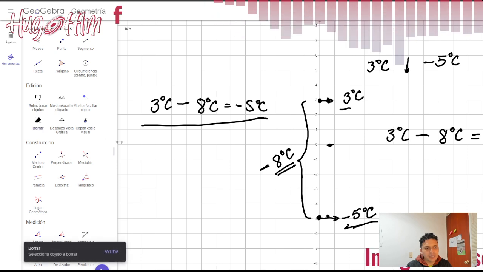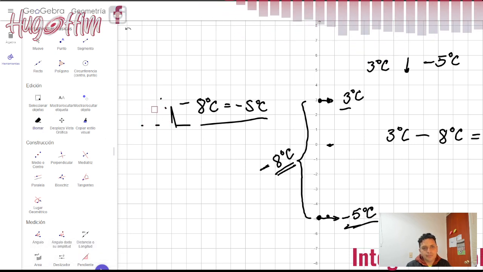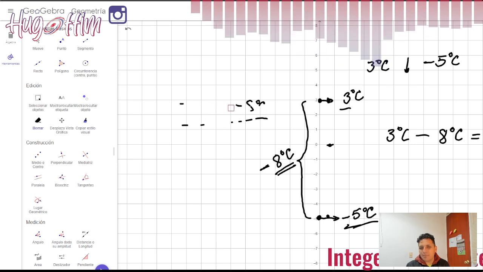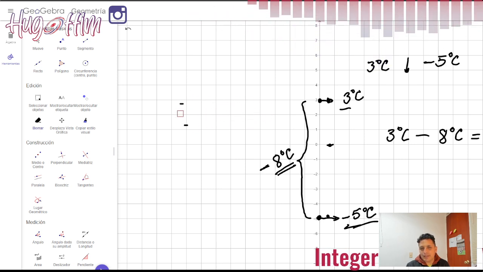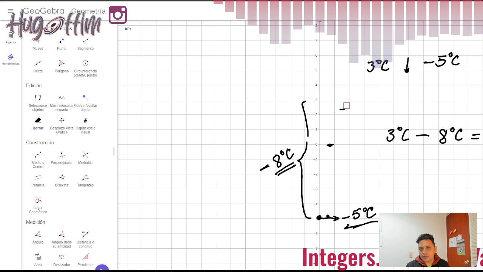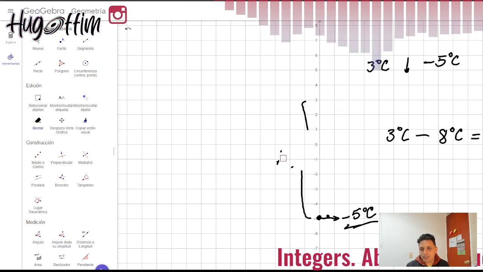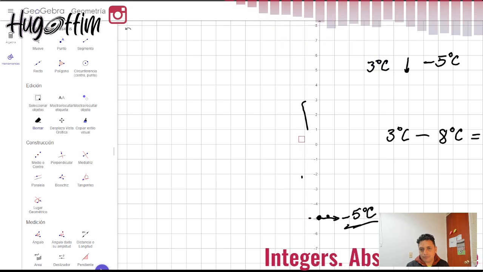Let's erase here to do another example. So let's imagine that now my initial temperature is not 3 centigrade degrees, but I'm in -5 centigrade degrees. So I'm here.